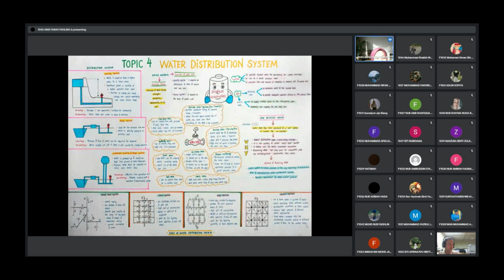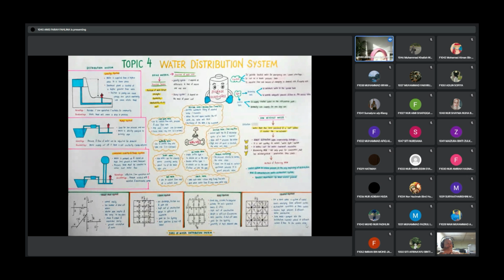Next is topic 4, water distribution system. There are three main types of distribution system, which are gravity system, pump system, and combined gravity and pump system. Another four examples of distribution system are dead end system, grid system, ring system, and radial system.